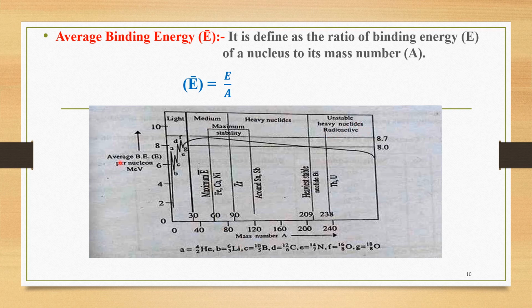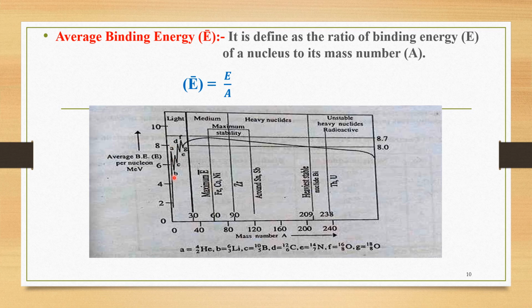Now, depending upon the average binding energy per nucleon, these nuclei have different stability. Those nuclei which occur between mass number 60 and mass number 120 are called highly stable nuclei. So this region is called the maximum stability region. Some nuclei have the highest stability.